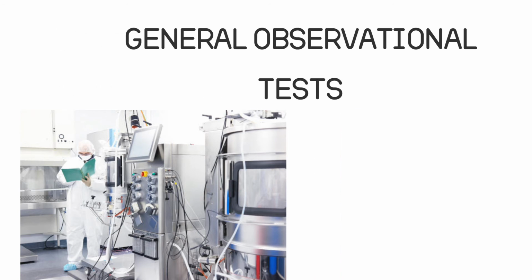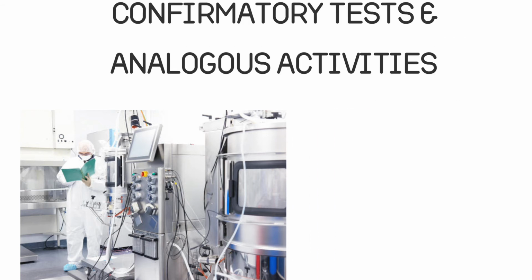The general observational tests. It is performed either in the beginning or after detecting useful activity in a screening test. The drug is injected into small groups of mice, which are observed for overt effects. The confirmatory tests and analogous activities.